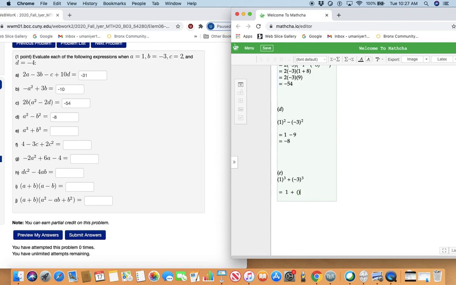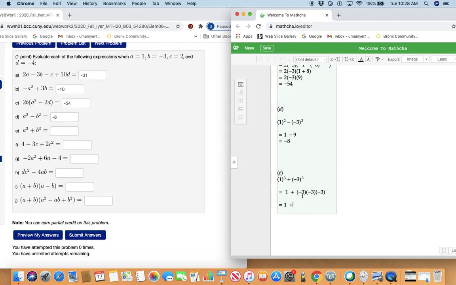Maybe it helps to write it 3 times: negative 3, negative 3, negative 3. 1 power anything is 1, so that's not an issue.